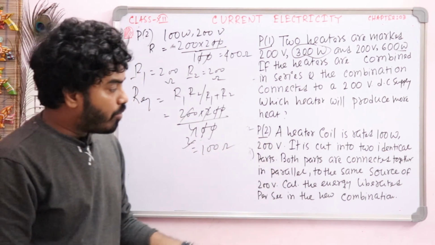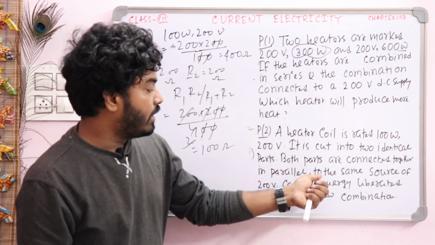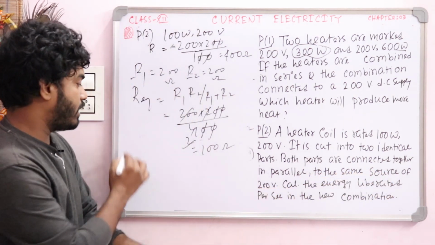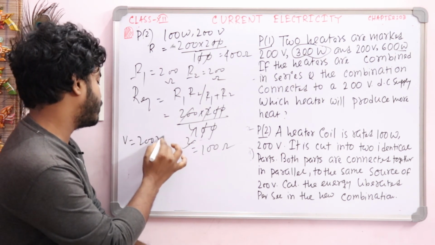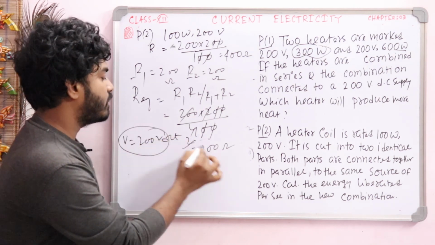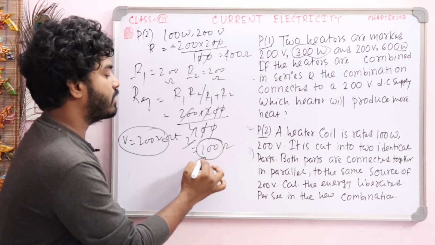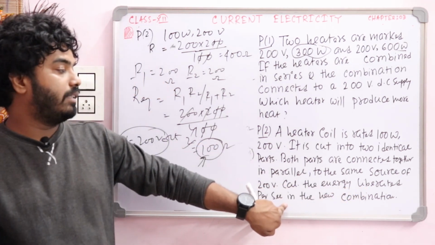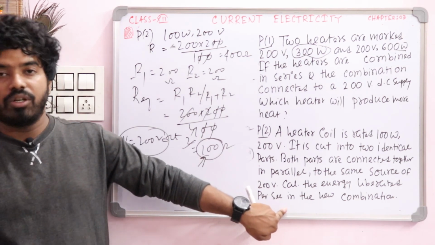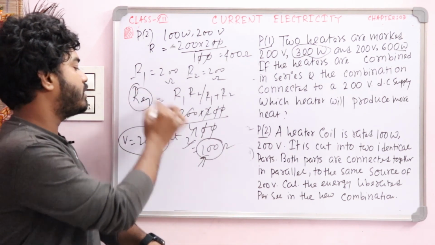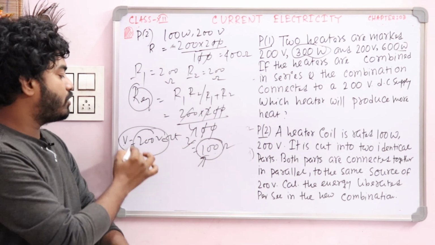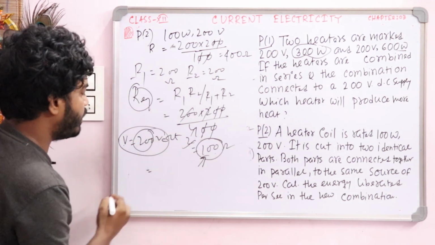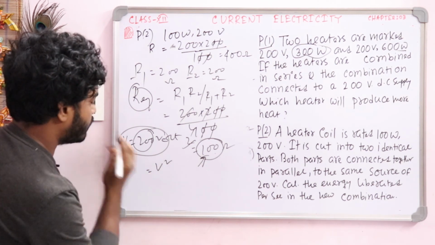Okay, now they are connected with the same source, that is 200 volt. Here voltage is the same, 200 volt, and equivalent resistance is 100. Here you have to find out the energy liberated per second in the new combination. So in the new combination, the equivalent resistance is 100 and the voltage is 200.